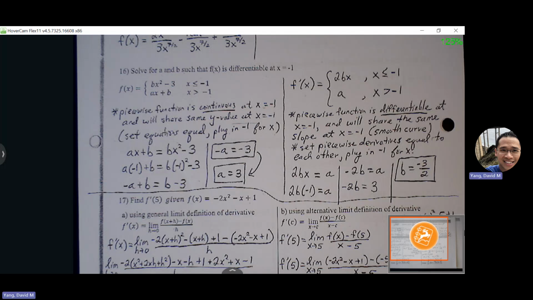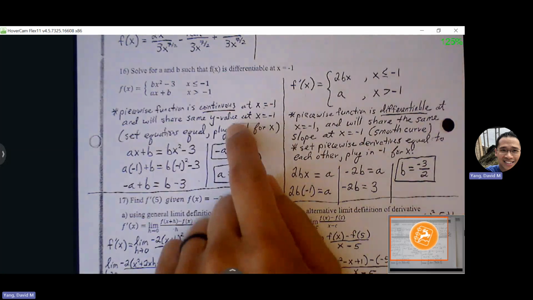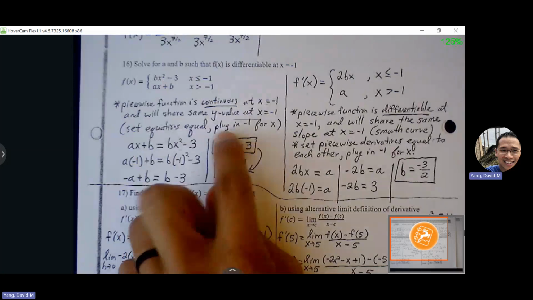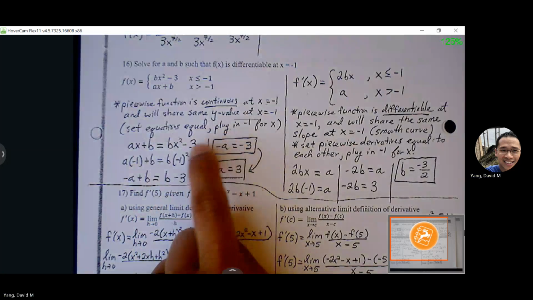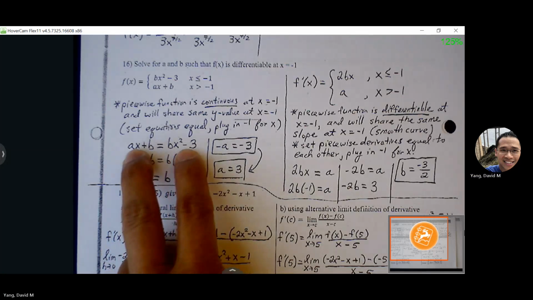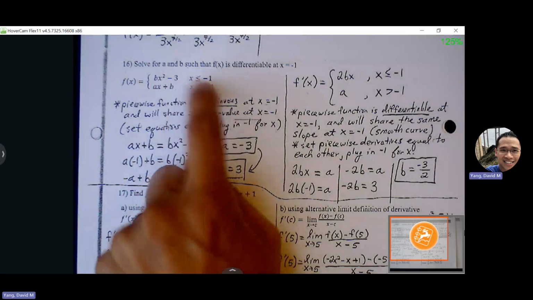So we're going to set up some scenarios to allow us to get those two conditions to work out. Because we want them to share the same y value, we're going to set their equations equal to each other, plug in -1 for x, and that will be one equation that we can work with. So basically, I'm plugging -1 in.